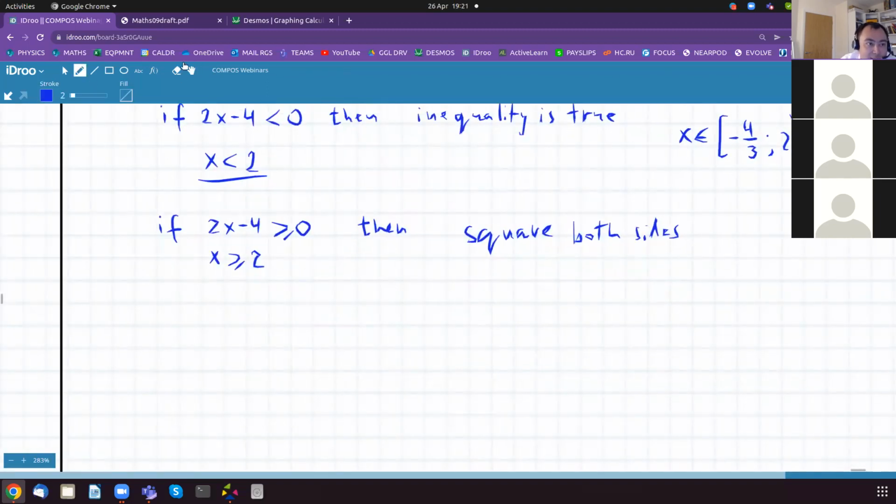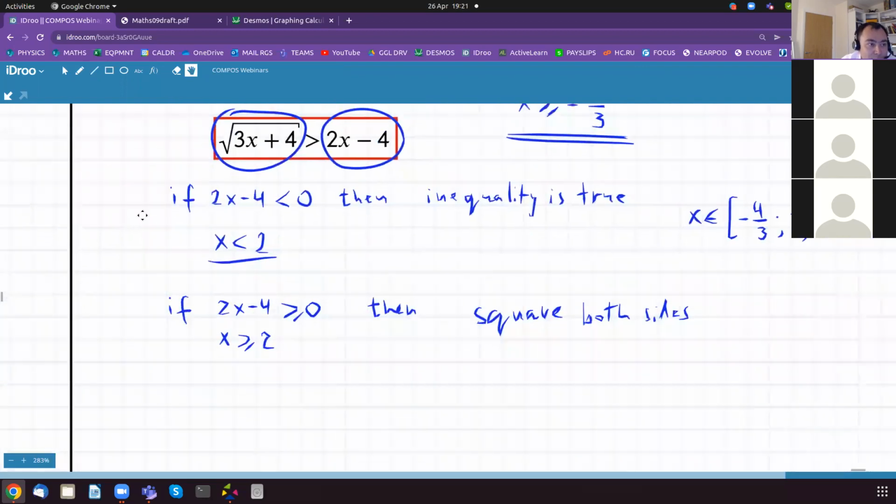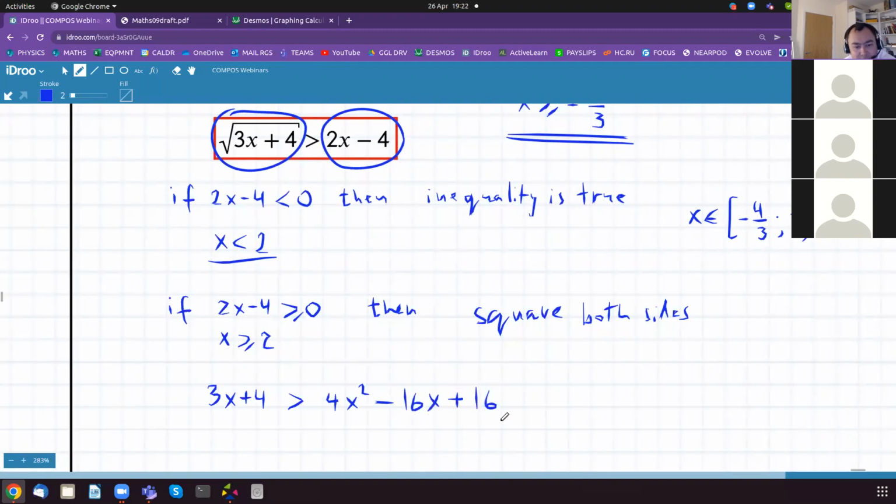And you get 3x plus 4 greater than 2x minus 4 squared. So that's going to be 4x squared minus double the product. So 2 times 4, 8, 16x plus 16. Yeah, looks right.